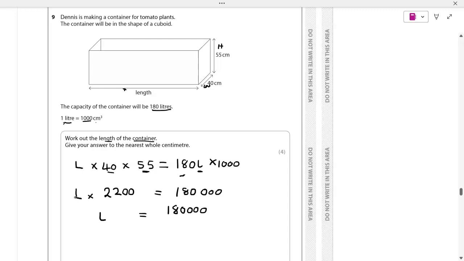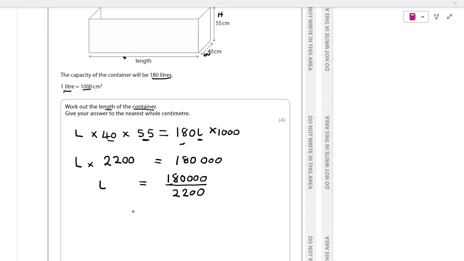So to find the length, we will need to divide 180,000 divided by 2,200. If we put this in a calculator, we will get the length will be 81.81, and it keeps repeating itself. The question says give your answer to the nearest whole centimeter.